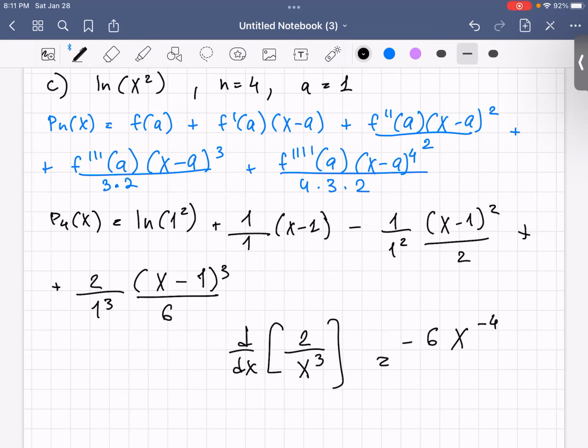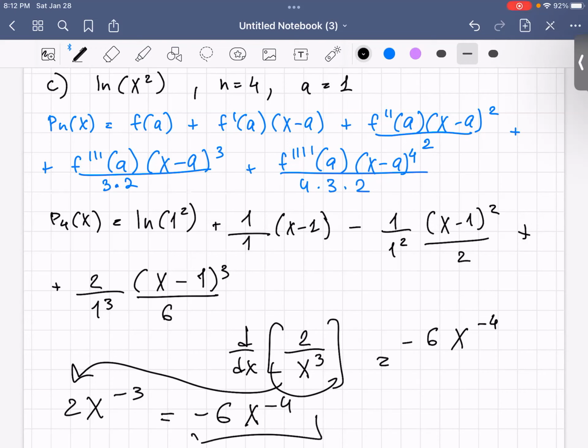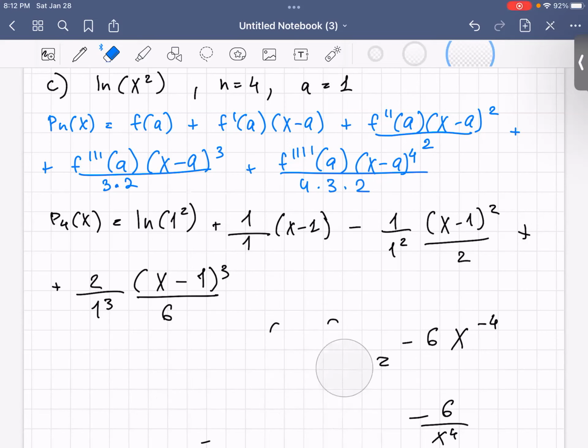We can see that because this can be rewritten as 2x to the power of negative 3, which will give us negative 6x to the power of negative 4, which can be written as negative 6 over x to the power of 4. So this is our final derivative.